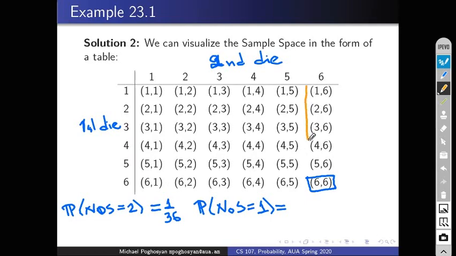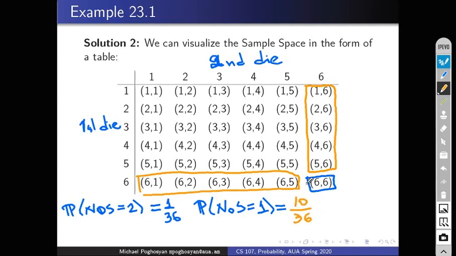So only this part, and only that part will give just 1 six. So we have 5 elements here, 5 elements here, and we will have 10 over, again, total 36.